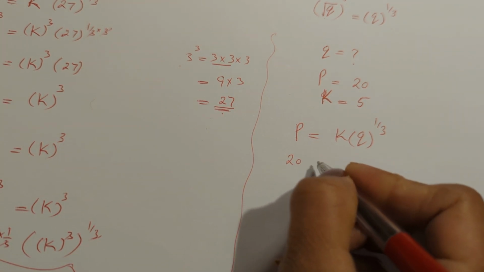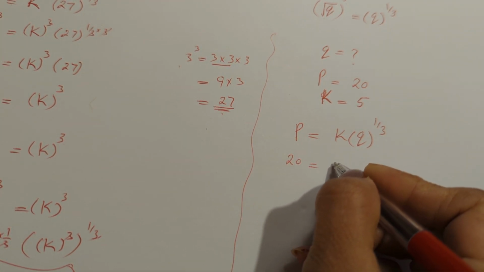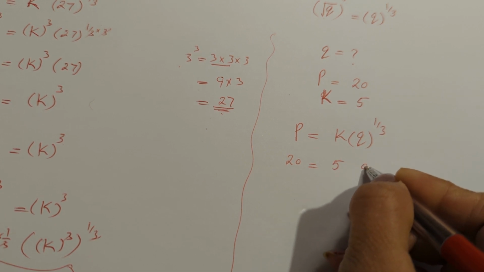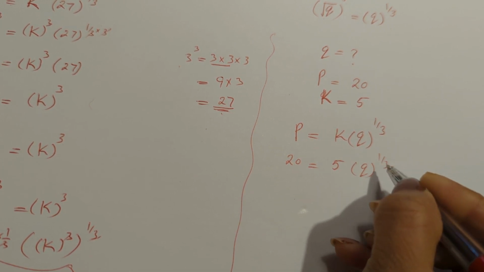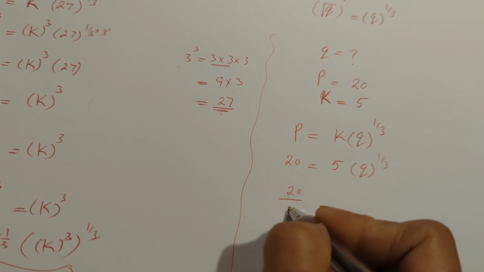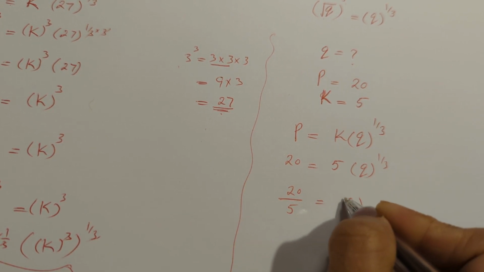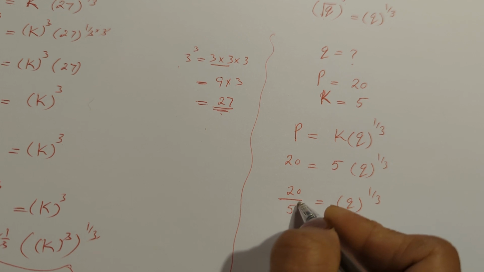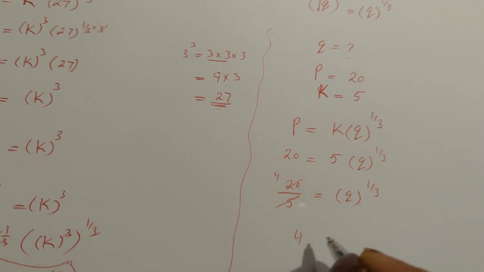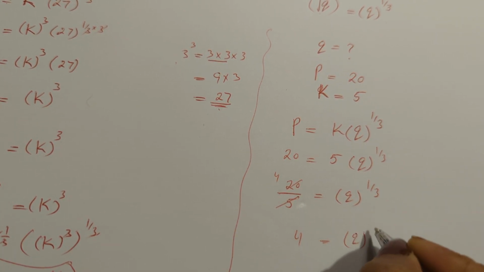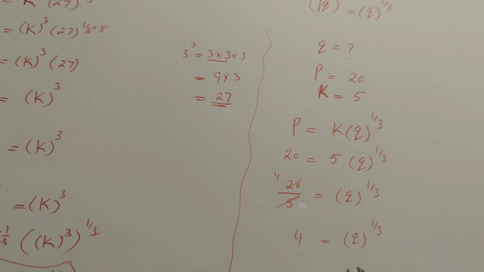P is equal to 20. K is given, we have found its value 5, Q power 1 by 3. 20 by 5, Q power 1 by 3. They will cancel each other. Q power 1 by 3.